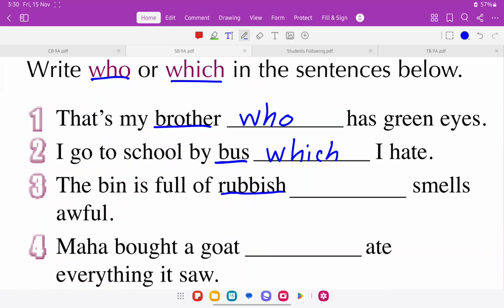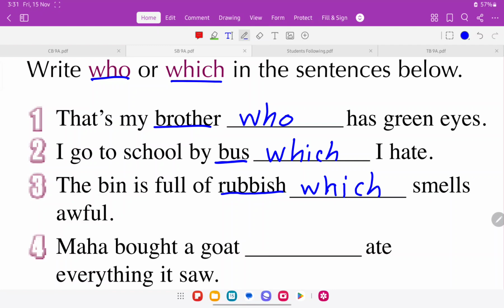No. It's a thing. شيء من الأشياء. So is it who? No, it's not who. It's which. So the answer is: The bin is full of rubbish which smells awful.